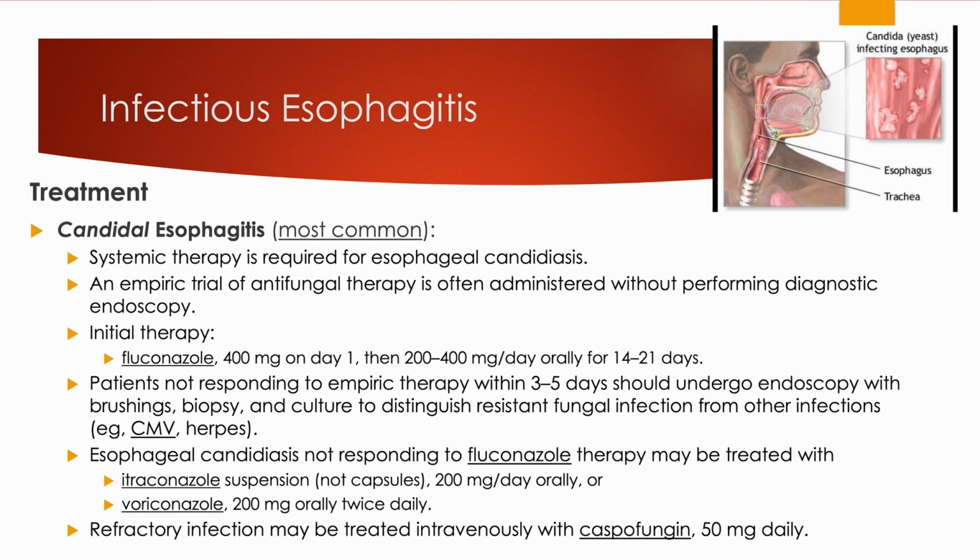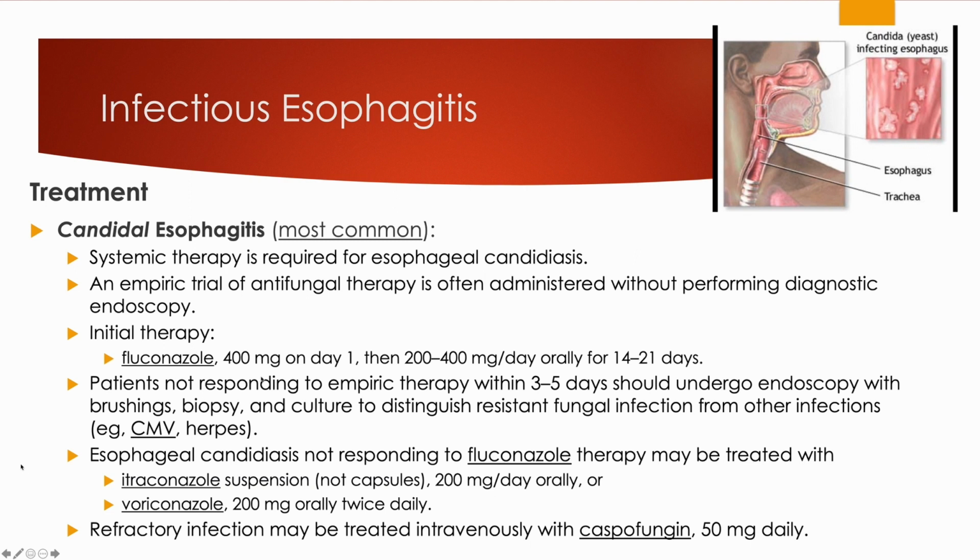Patients that don't respond to this, if we haven't already done an endoscopy, we should do one to differentiate them from other types of infections. There are other treatments we can use, such as itraconazole or voriconazole. Refractory disease can also be treated with caspofungin, although that's getting a little bit too pharmacological.